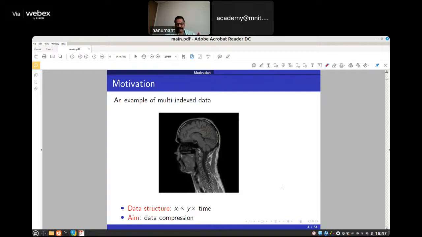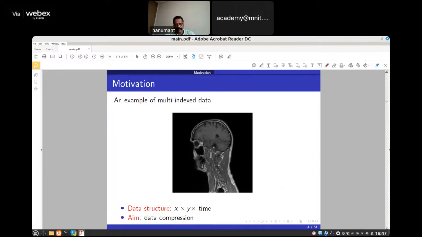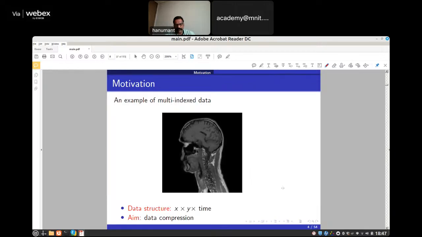So now what we have is, instead of 2D data, 3D. So MRI, all of you know that it is 3D data, a sequence of images. Okay, so you can clearly see, I'm just playing it.